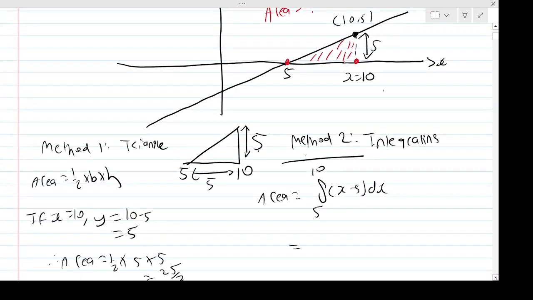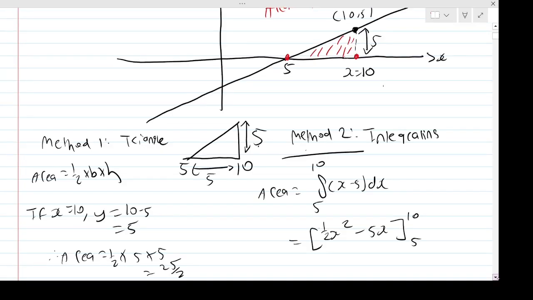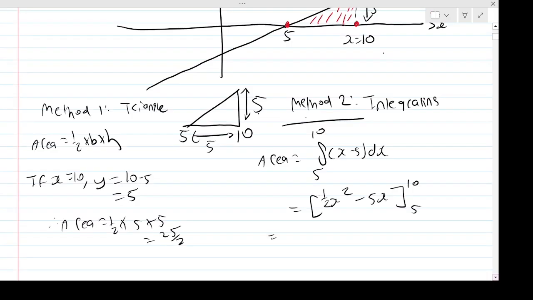Then we just integrate that. So x goes to x squared over 2, or half x squared, and minus 5, we just add an x on, so minus 5x, between 10 and 5. If we sub our limits in, we get a half of 10 squared minus 5 lots of 10, take away a half lots of 5 squared, take away 5 lots of 5.